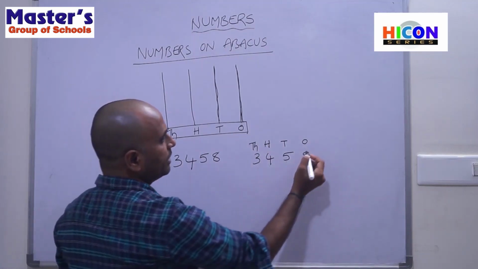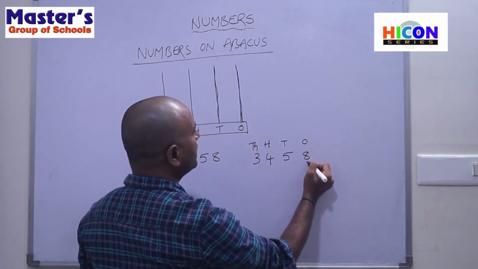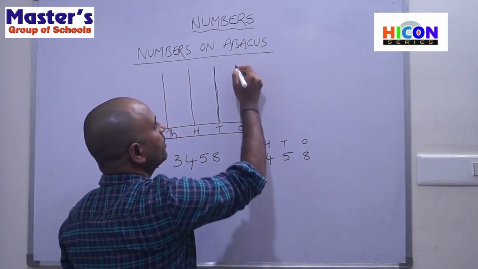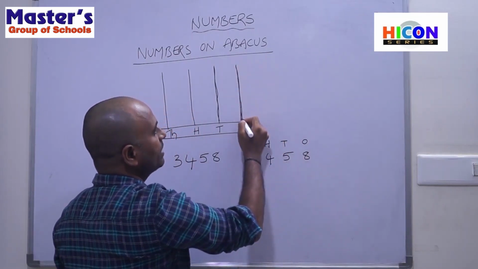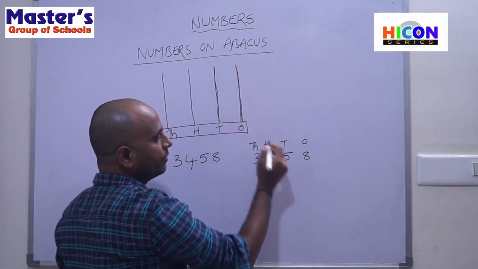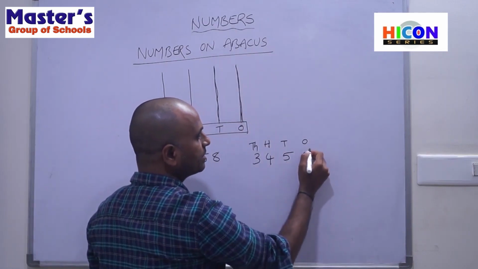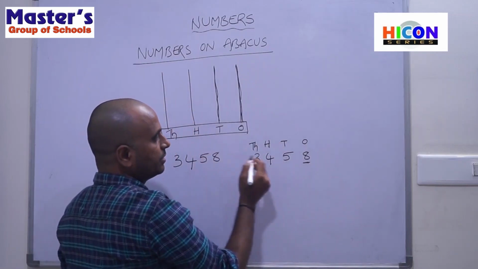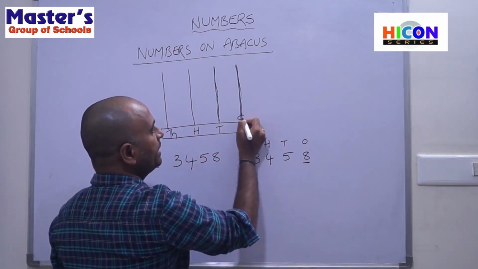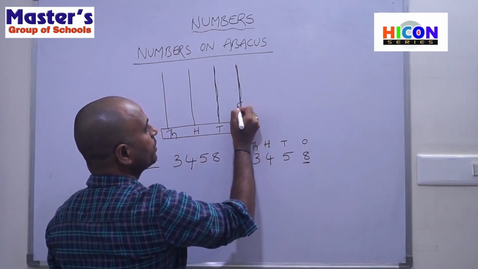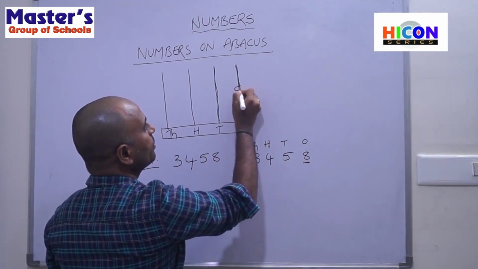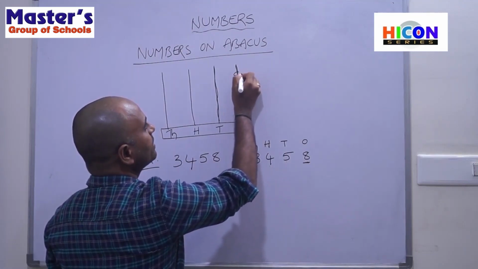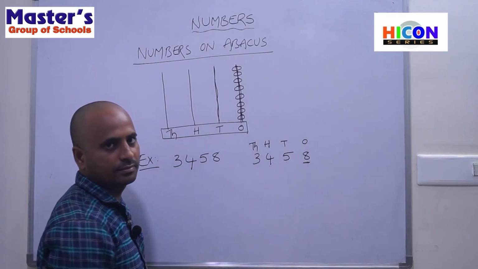So here in ones place the digit is 8. So here the first stick represents ones place. So we have to draw 8 beads on the first stick. So draw 8 beads, 1, 2, 3, 4, 5, 6, 7, 8.